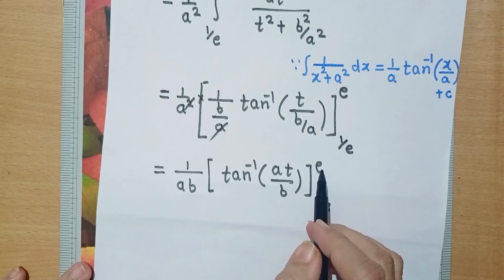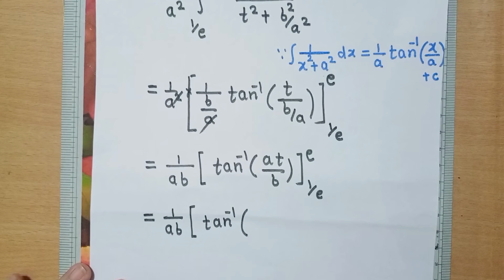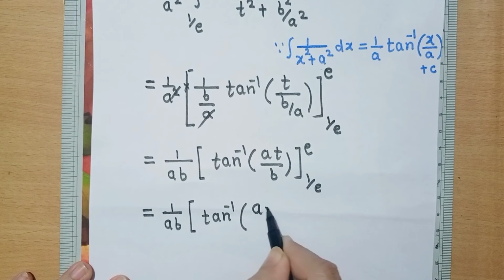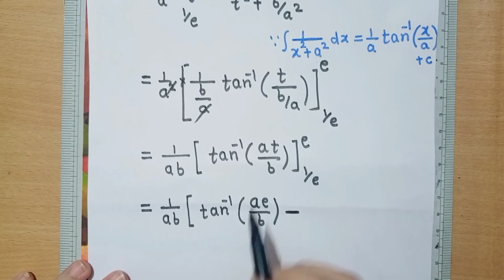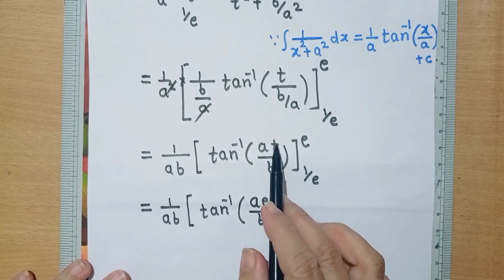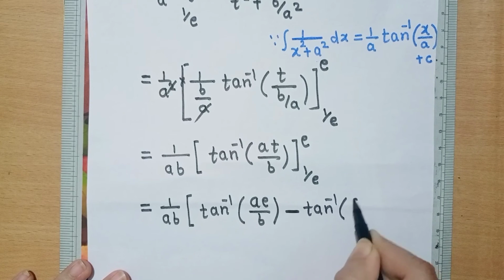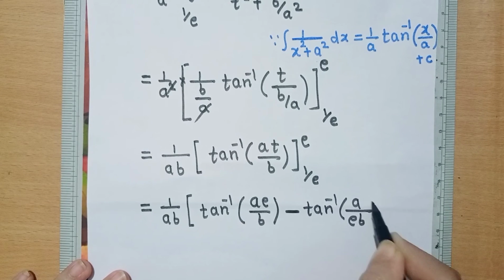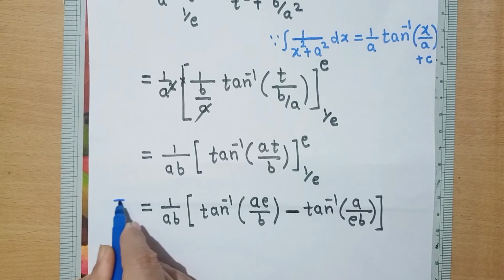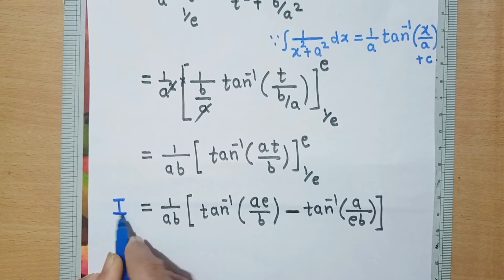Now we will substitute first the upper limit here, so this will become a e upon b, and then the middle sign minus, and if I substitute this lower limit, we get tan inverse of a upon e b, and this bracket complete. And this is our final answer, and in this way you have to solve all these examples.